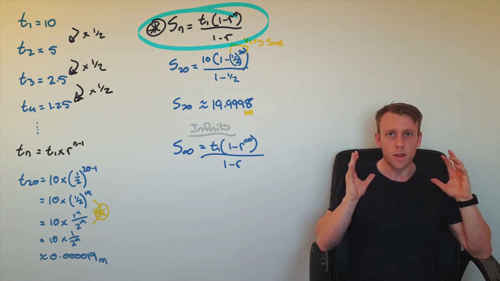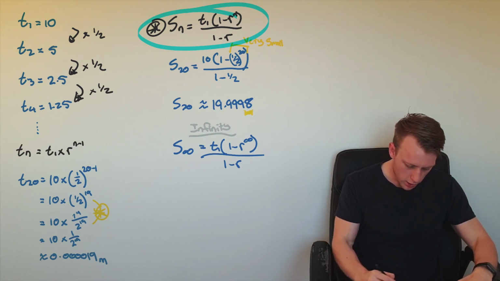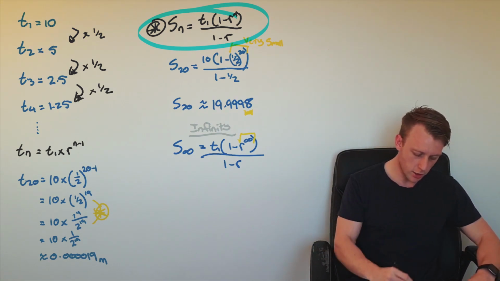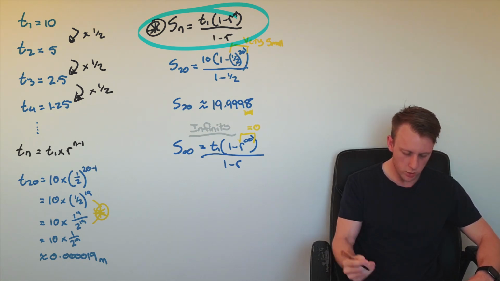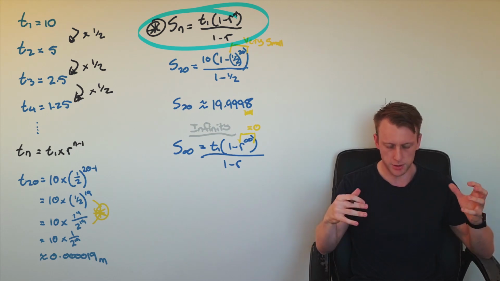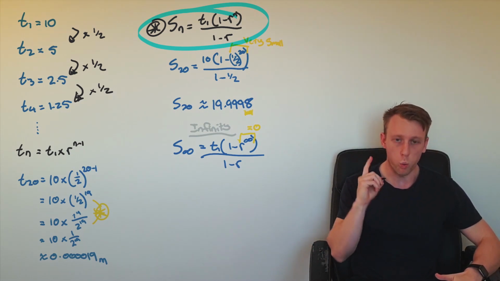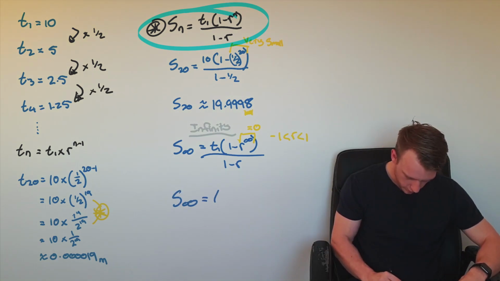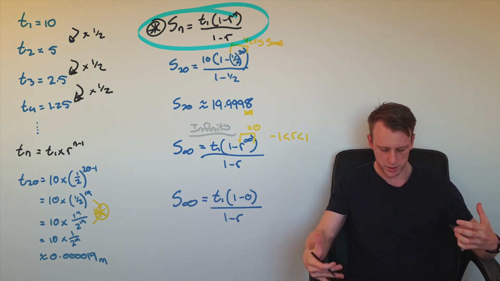Okay, this is the perfect point to highlight that this r to the power of infinity is going to eventually equal 0. Like it's going to limit off to 0 as the power goes that high, when r is a fraction.